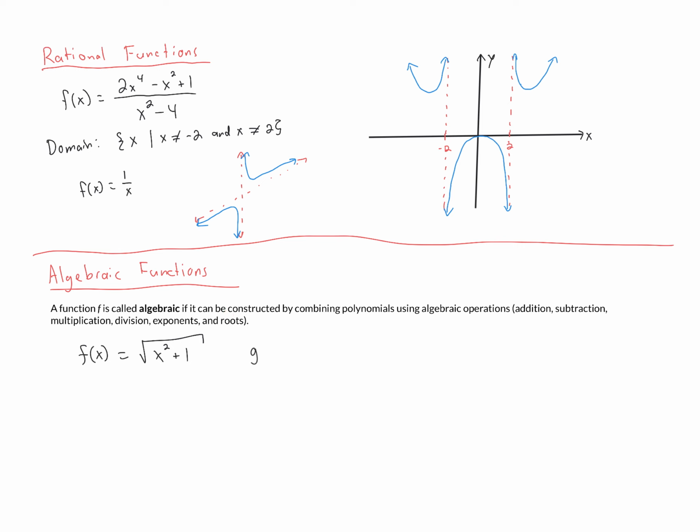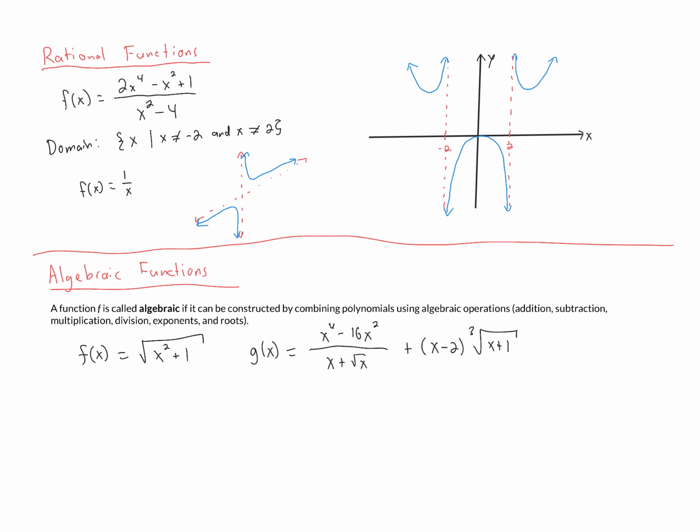Or we could look at something more complicated. G of x equals x to the fourth minus 16x squared all over x plus the square root of x, and then plus x minus 2 times the cube root of x plus 1.